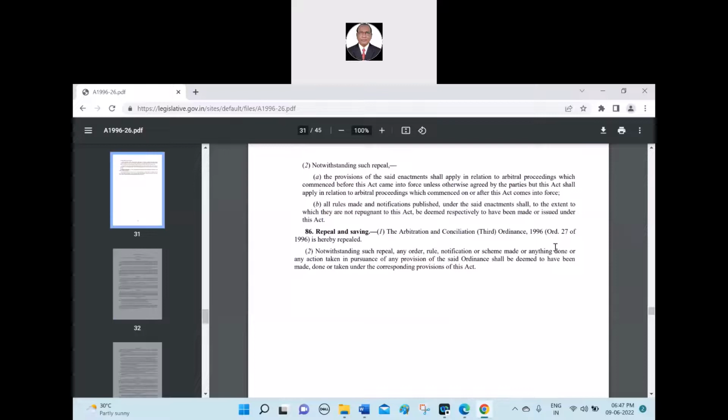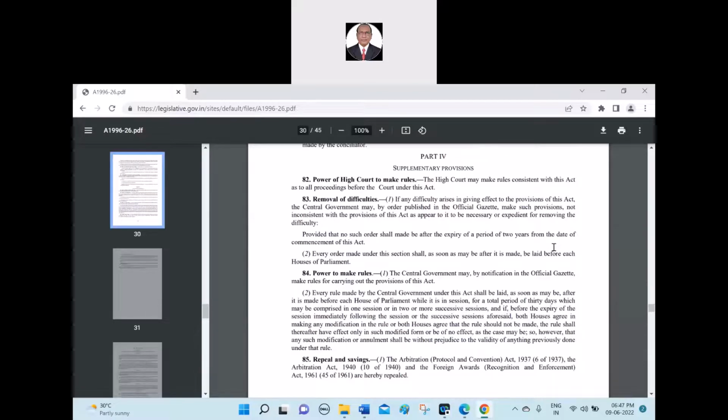And how many sections are there? I have shown the last section on the screen. I think you could see it. It's 86. Of course, there is a repeal and saving clause, because if any old act is there, the old act holds good, and any changes made there are made by the new act.